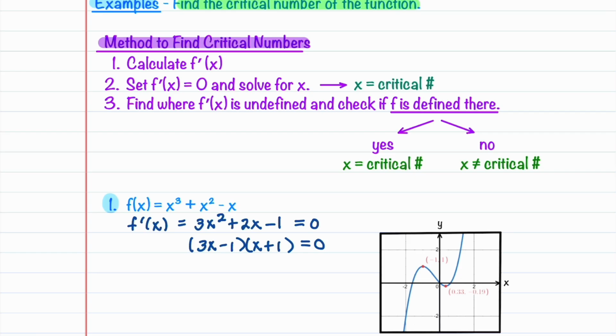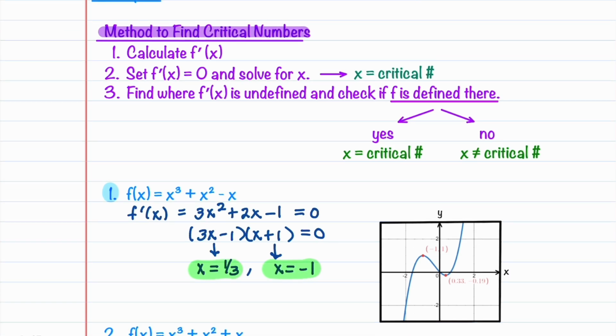That's equal to 0. And then if we set both of these factors equal to 0, we get that x is equal to 1/3. And we get that x is equal to minus 1. These two numbers then are our critical numbers.